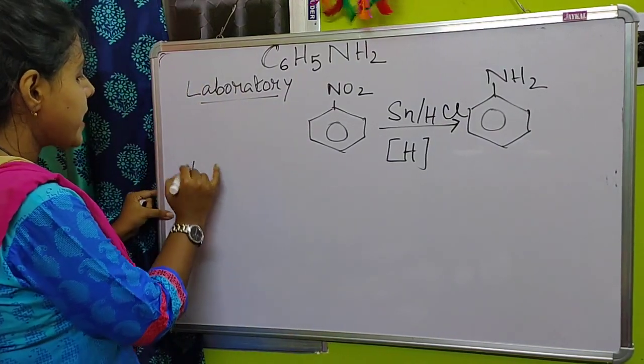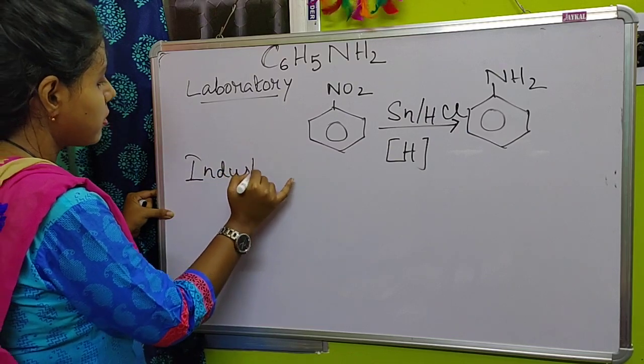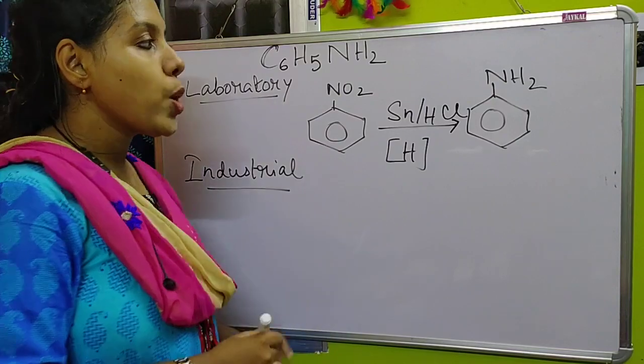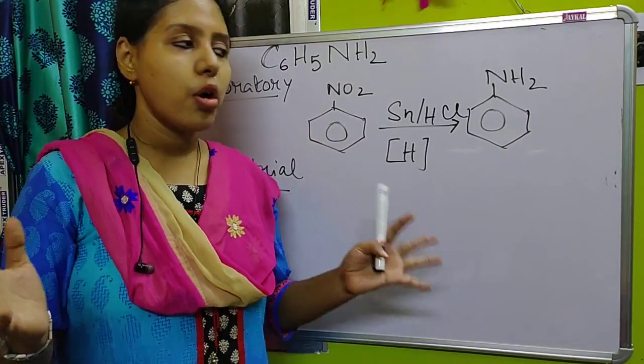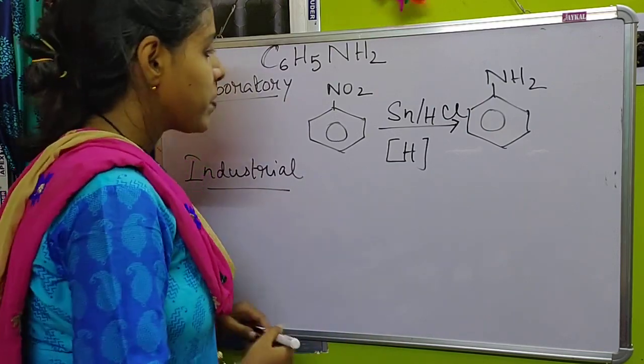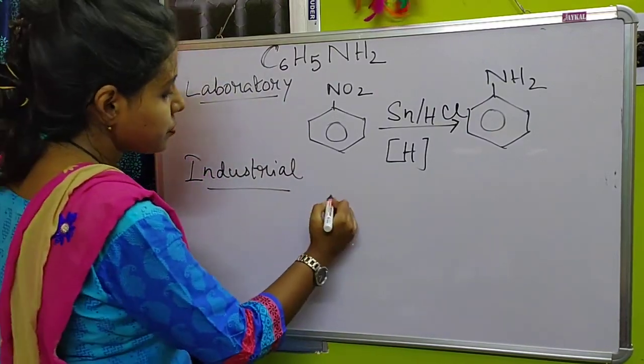Next one, industrial preparation. If we want to produce aniline in huge amounts in industries, we need to go through this process.